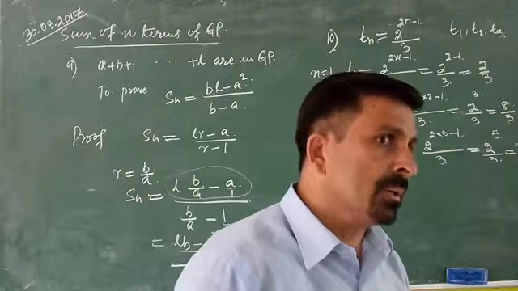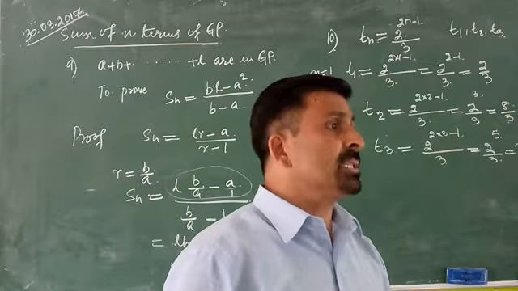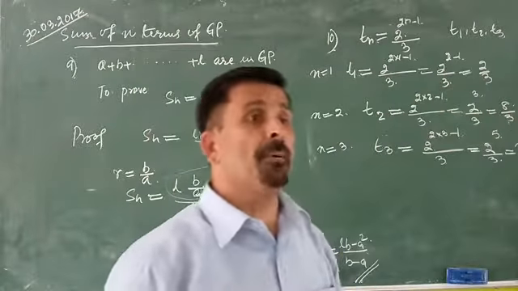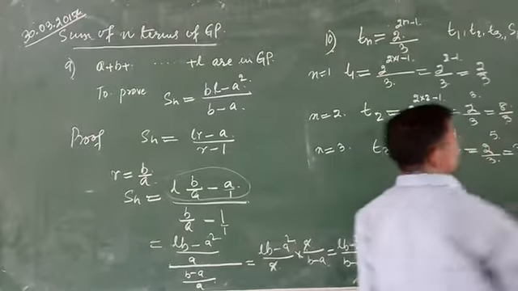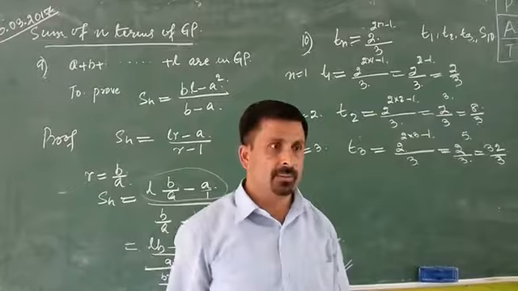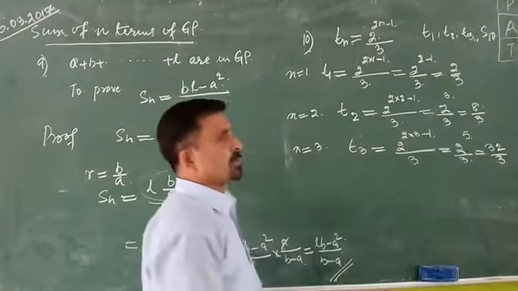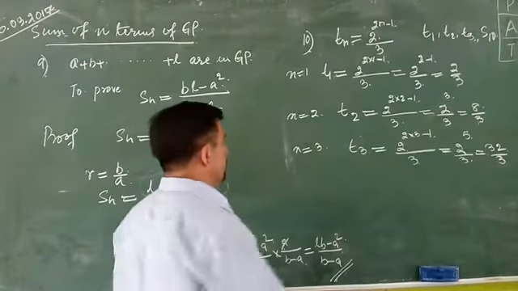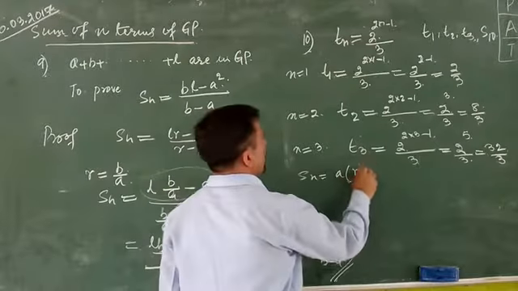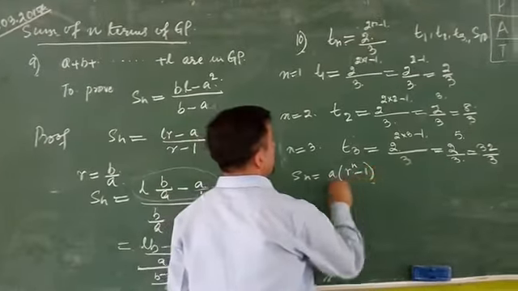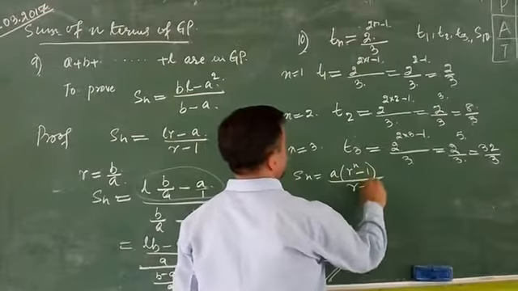Any doubt? No, sir. Now what we are going to calculate is the sum of the first 10 terms of the series. Is it okay? For this we will use the formula Sn is equal to what? Sn is equal to A into (r to the power n minus 1) divided by (r minus 1).